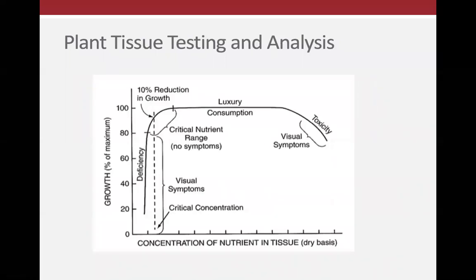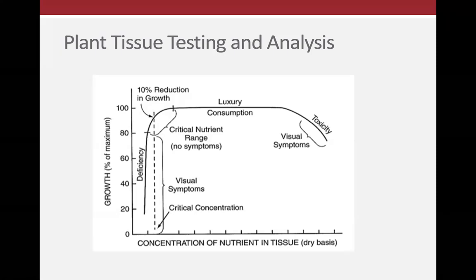Again, here's this classic curve that we see, where on the x-axis we have the concentration of nutrient in tissue, okay? We send this to a lab, and they provide essentially a concentration. On the y-axis, of course, is the percent growth as a percent of maximum. We could think of this as relative yield or just overall productivity in some general sense.